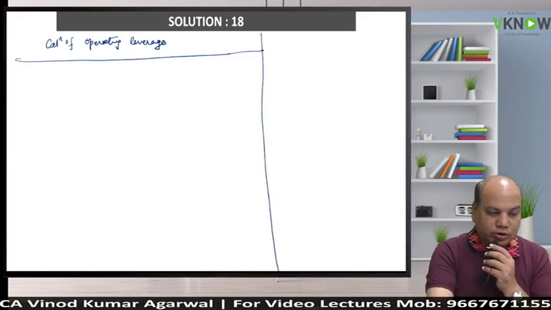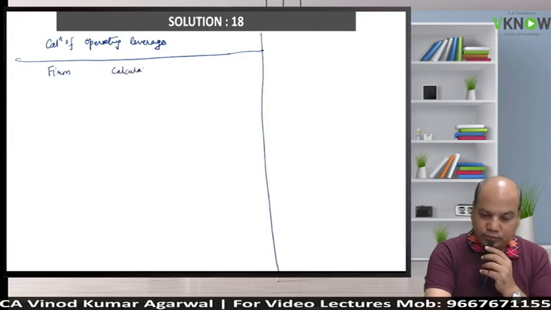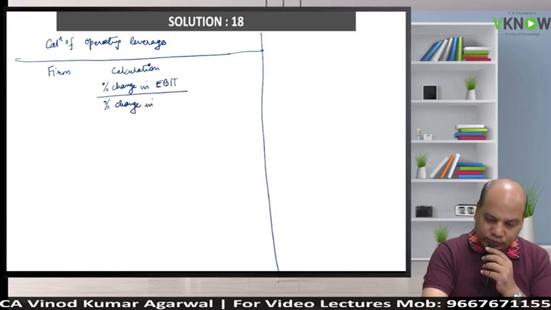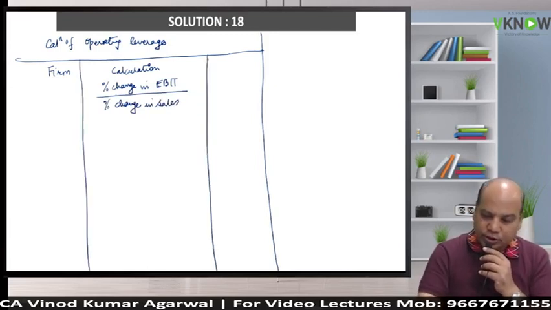So write down 3 columns. Firm, calculation. Under calculation, write down percentage change in EBIT upon percentage change in sales, and the last column operating leverage.